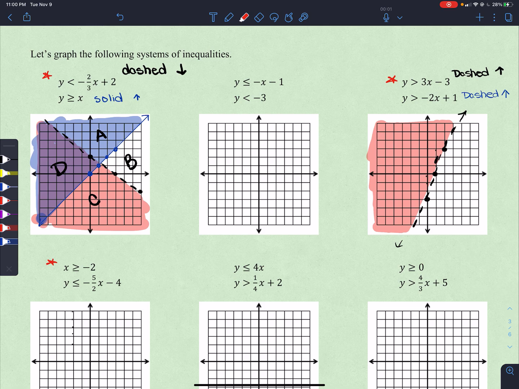All right, on this next one, we've got y is greater than negative 2x plus 1. So we start at positive 1, go down 2, right 1, down 2, right 1. Okay. Go ahead and draw that dashed line all the way through the coordinate plane. And then we are shading above on that one.